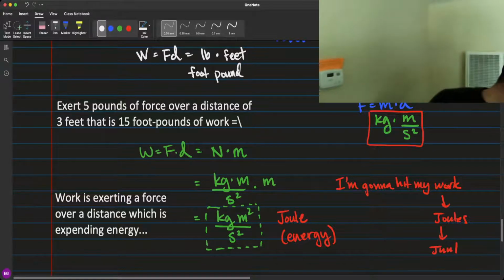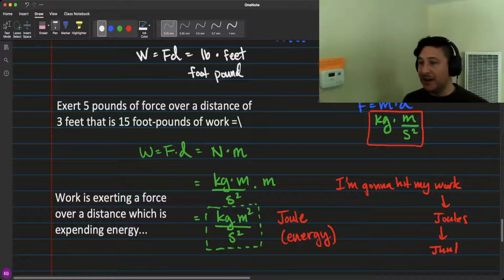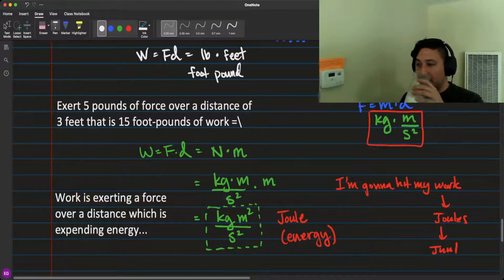Okay. Making sense so far? With the units, this hopefully will help when we actually do the problem, because you'll see where all the units come from and why you do this.